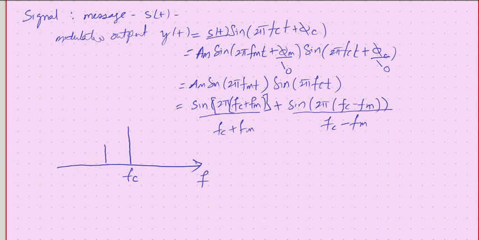One is fc minus fm and another one is fc plus fm. So that's two signals we get. This one we call the upper sideband, this one we call the lower sideband.